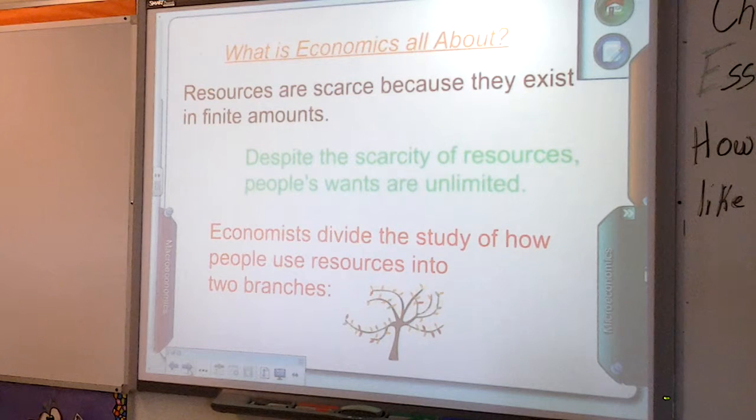So you have a finite amount of resources, but you have unlimited wants. I mean, there's never a point where people don't want something. You want something more. So people's wants, you need to be writing this down, people's wants are unlimited, but the resources are limited.